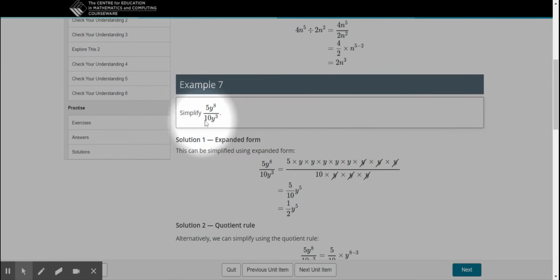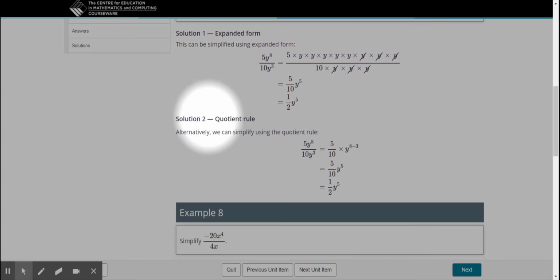Next example, 5y exponent 8 divided by 10y cubed. You kind of begin to see maybe a pattern. We're not going to do the expanded form. We're just going to take a look at what happened here. So we rewrite this if we want, 5 divided by 10 multiplied by y exponent 8 over y cubed. Now that the base is the same, I can subtract the exponent.